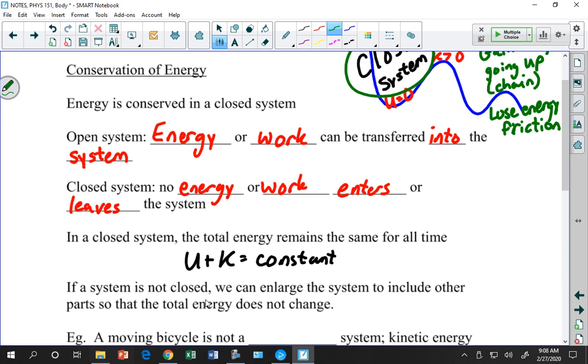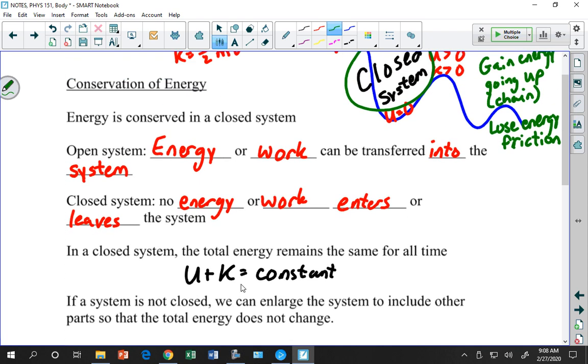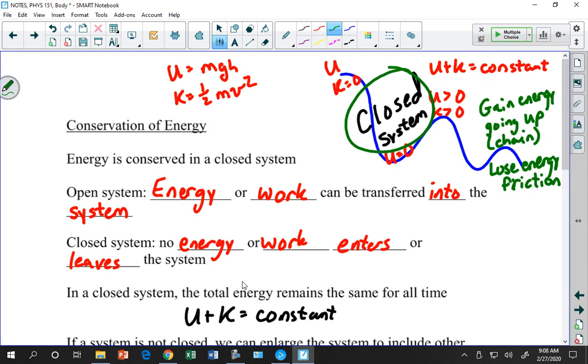If the system is not closed, then we can enlarge the system to include other parts so that the total energy does not change. Let's say with the roller coaster, we include the heating up of the rails. As the roller coaster slides along the rails, it heats them up due to friction.